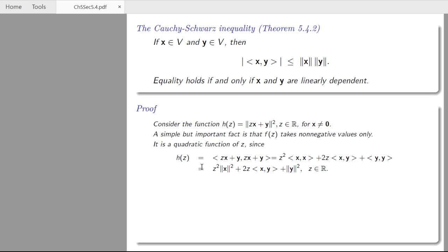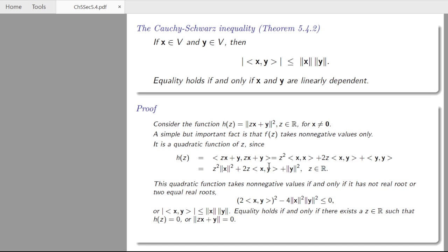All right. H of z here is a quadratic form. So this quadratic form only takes non-negative values. In other words, this quadratic form doesn't cross the z-axis, or it just touches the z-axis.